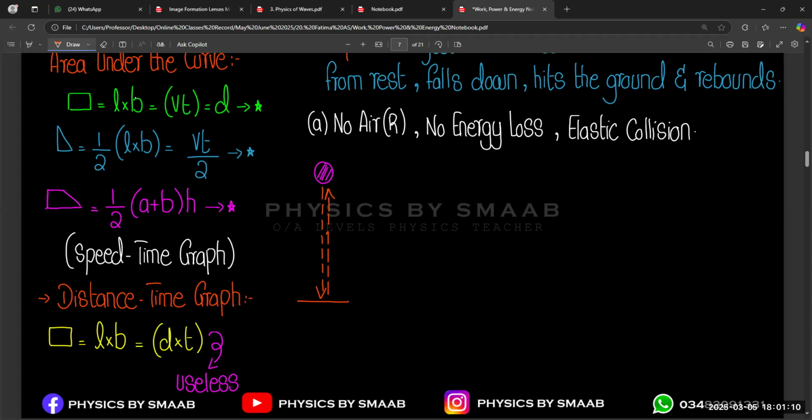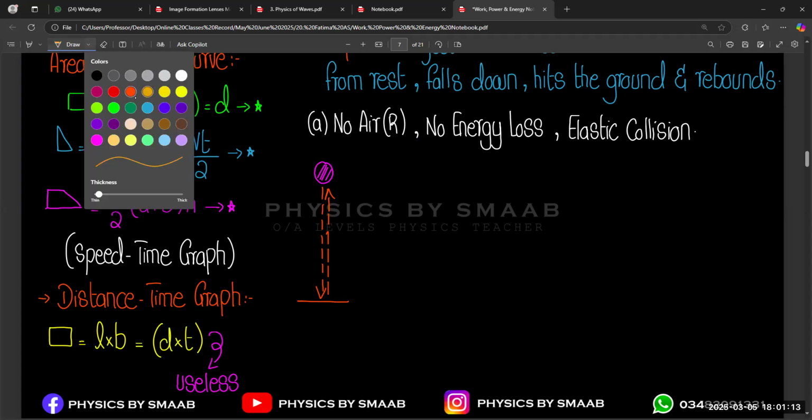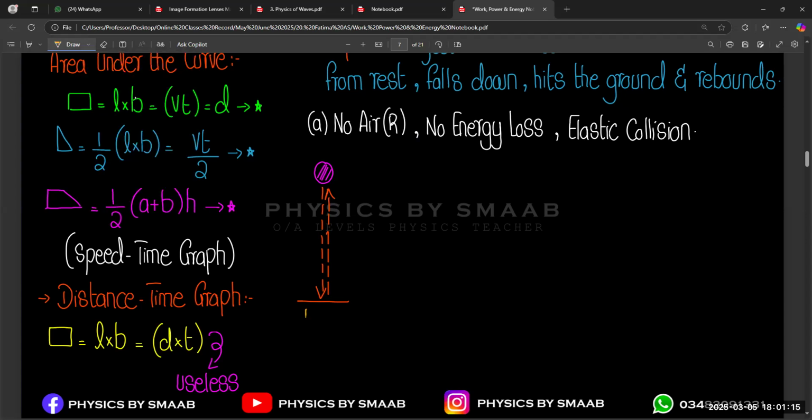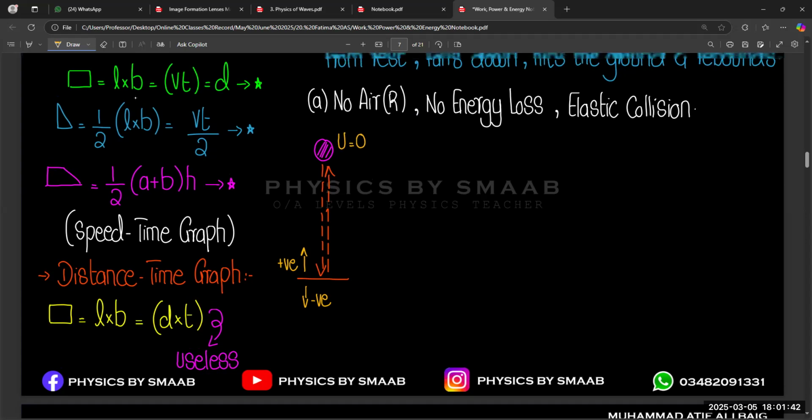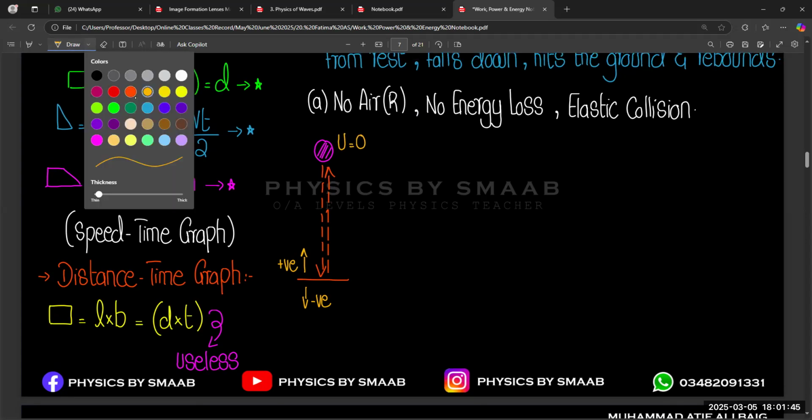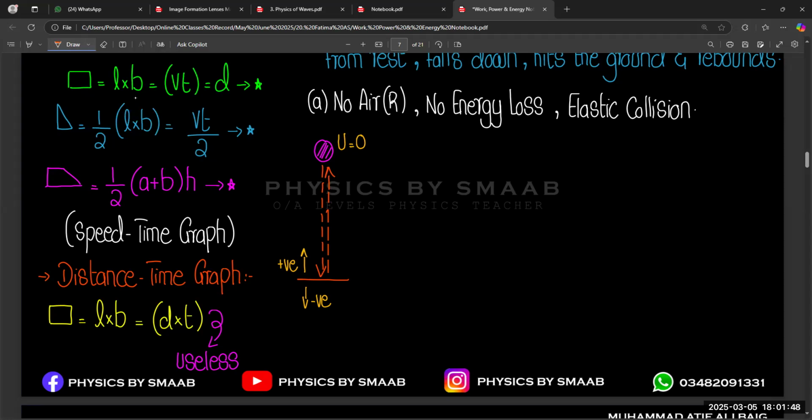And one more thing, just like the vertical axis, we consider the downward axis as negative and the upward axis positive, right? Just like we used to draw on graph paper, the vertical upward axis is positive, the vertical downward axis is negative. So same we consider over here. And initial velocity is definitely zero. So we are starting from zero. So for example, distance time graph.